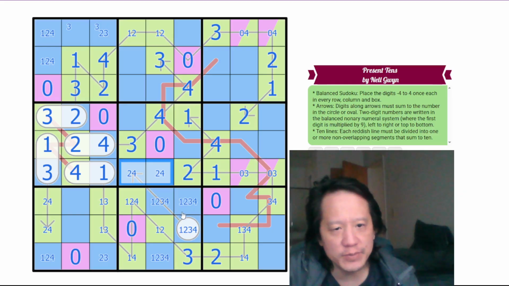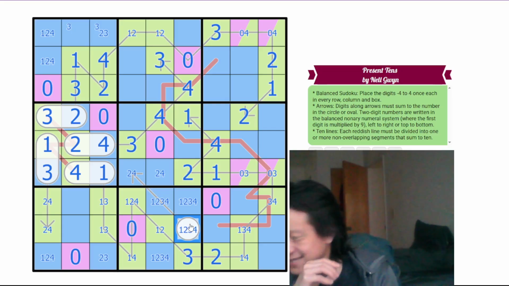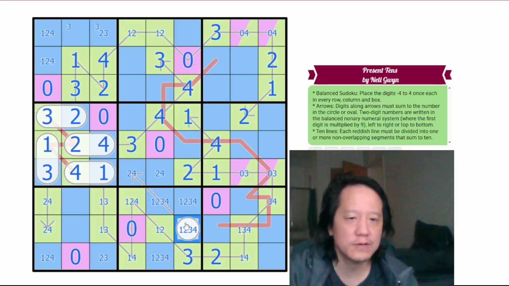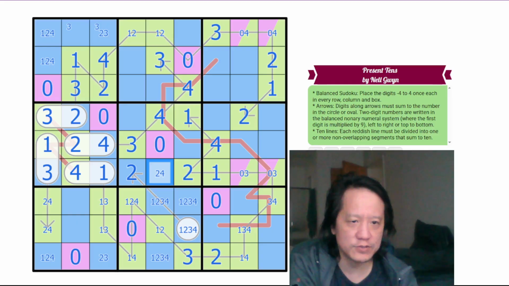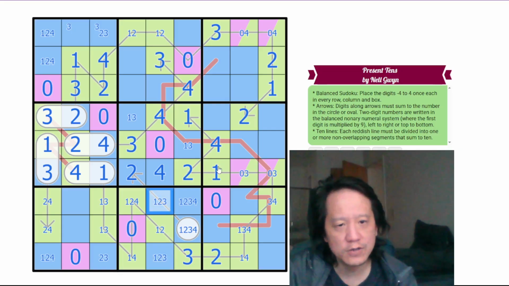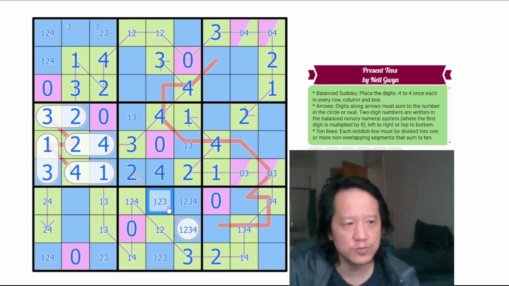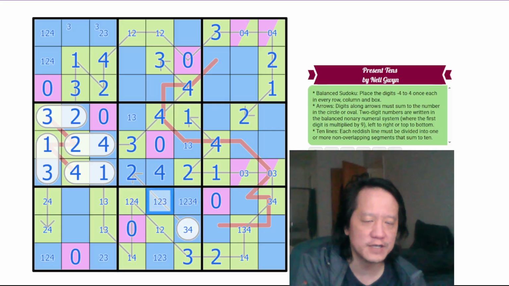Okay, so this cannot be -4 here, because this is at least -4. So then this must be -2, which means this is not -2, this is -4. These are -1 and 3. We don't know which one's which. This can't be -4. This can't be -4. So this must be -2 plus -1, which makes -3, or -2 plus -2, which makes -4.